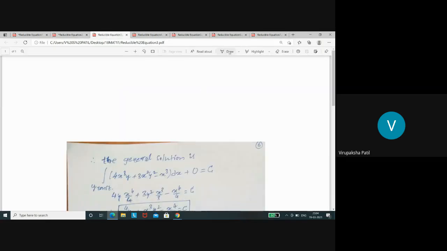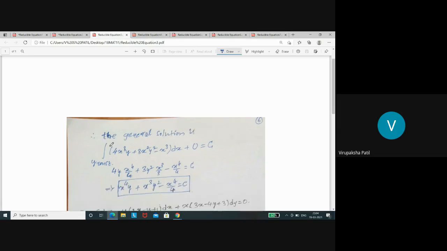Once the equation is exact, the general solution is given by the integration of M dx, where M is 4x cube y plus 3x square y square minus x cube dx, and whenever integrating with respect to x, the quantity y is held constant.